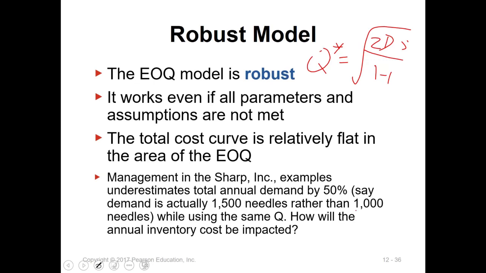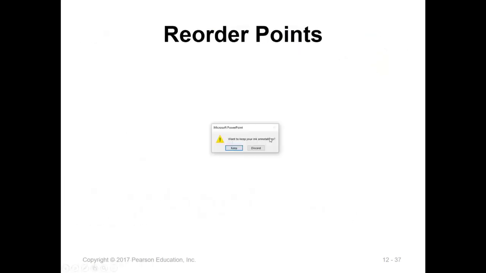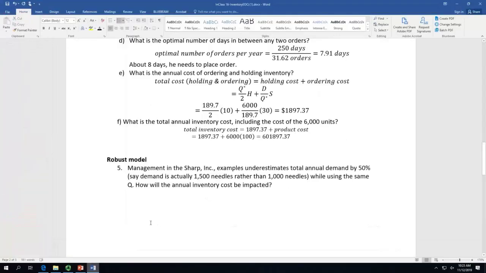Previously, we calculated using 1,000 and got 200 as Q star. If you plug in 1,500 needles, this Q will be larger. But we try to see how this model will be impacted by the Q level, and do the calculation to see how the total annual inventory cost will be impacted.